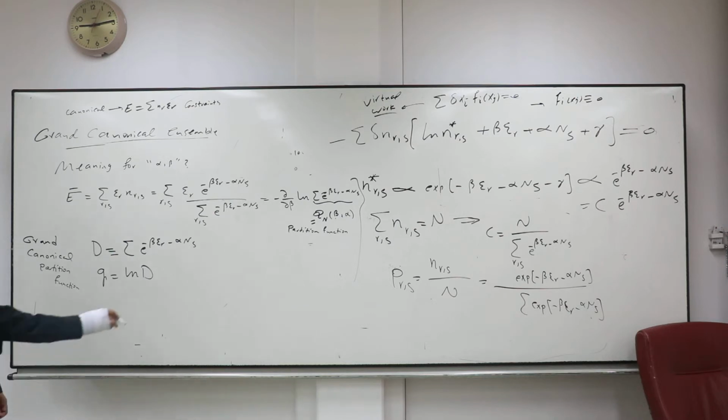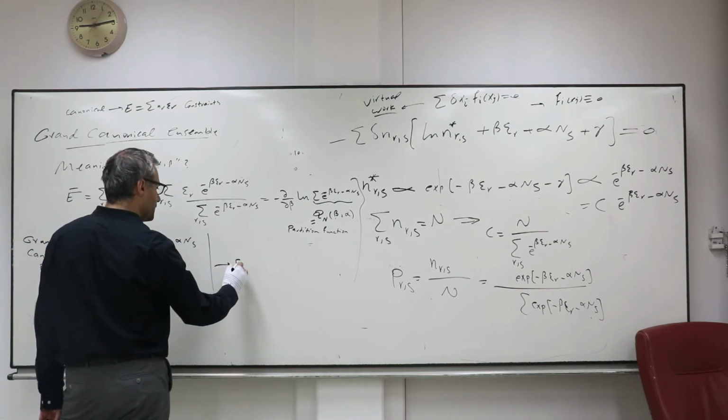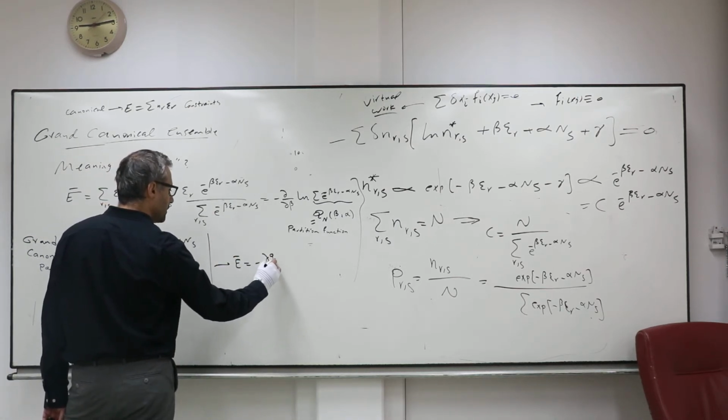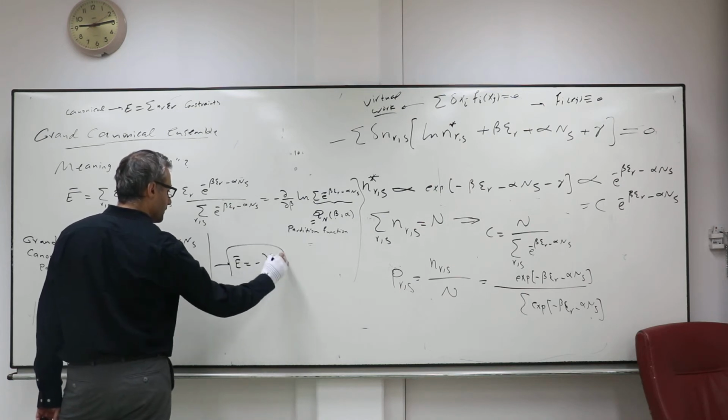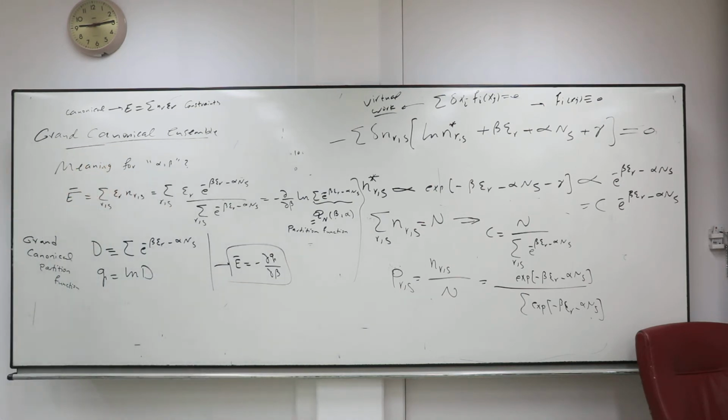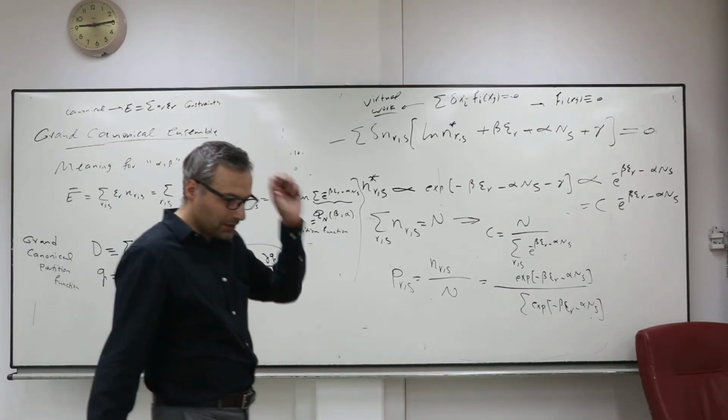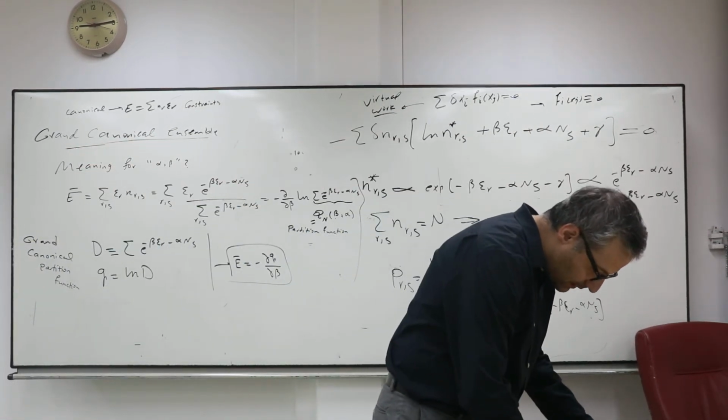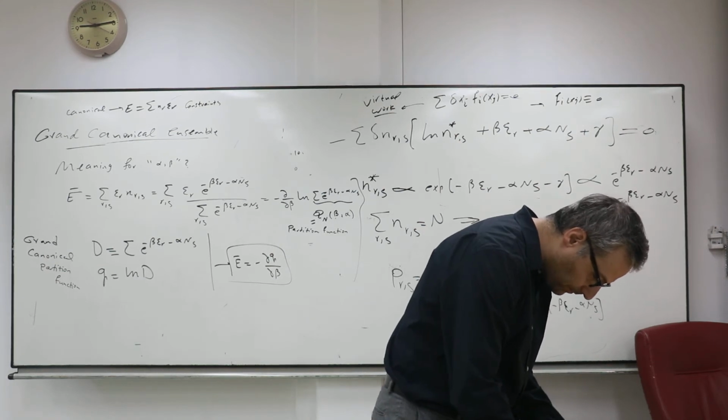And we define Q as a ln. So the average of the energy, you can write as minus partial beta of ln Q. And you can write all the thermodynamical equations, like the pressure and things like that.